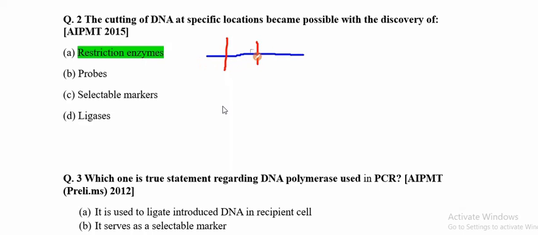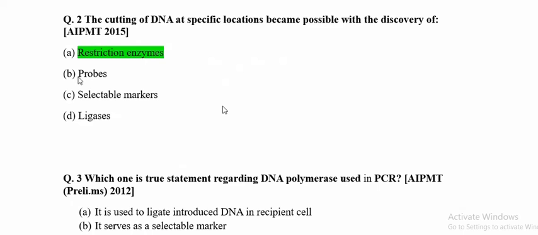So restriction enzymes cut the DNA fragment like this, and the segment between the two cuts is removed, and on that gap the desired segments are attached. So this process is known as restriction digestion. So the cutting of DNA at specific locations became possible with the discovery of restriction enzymes. So option A is the correct answer.